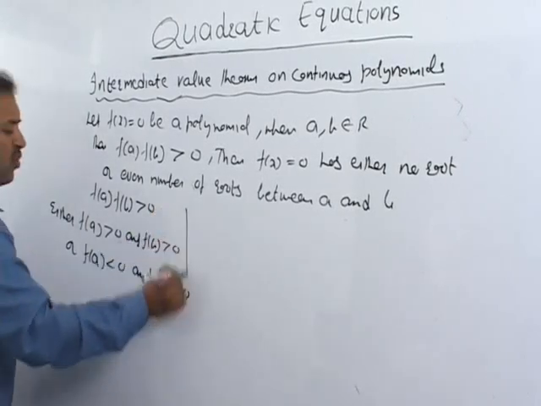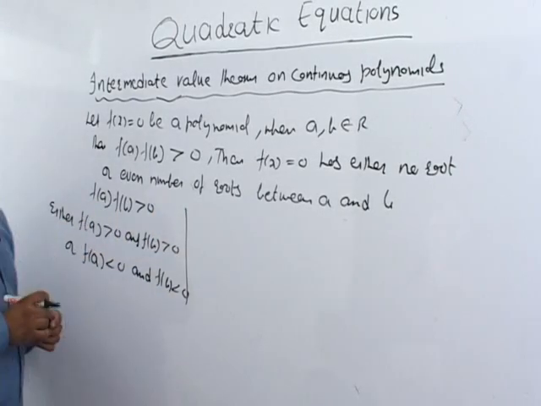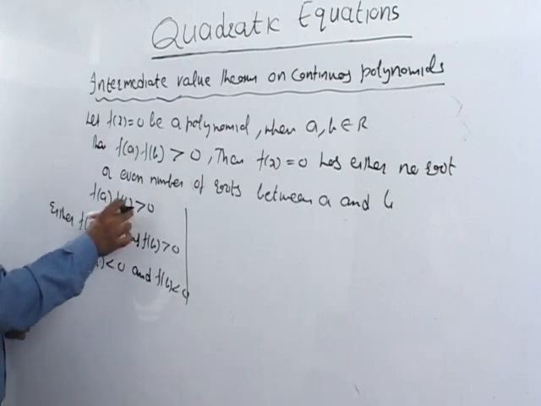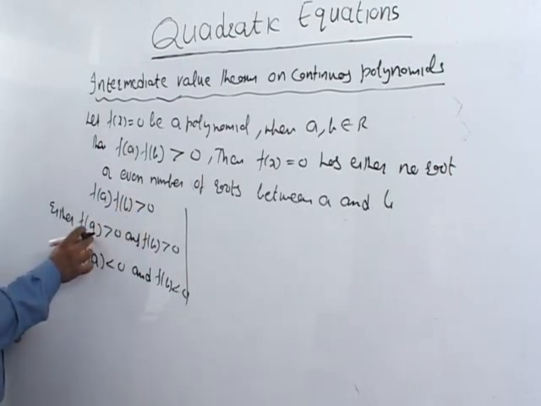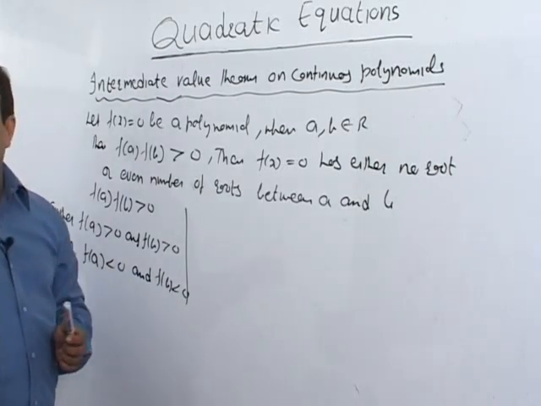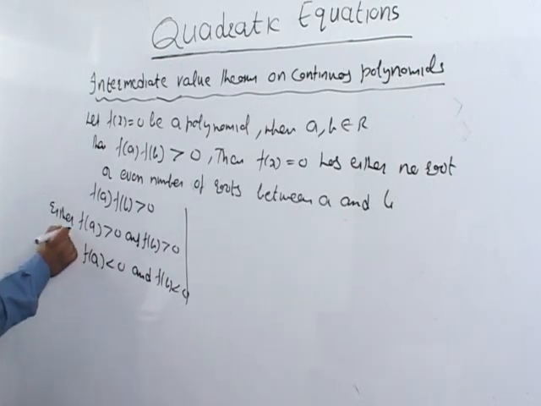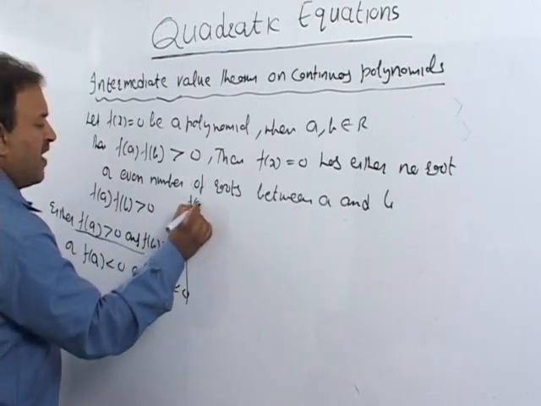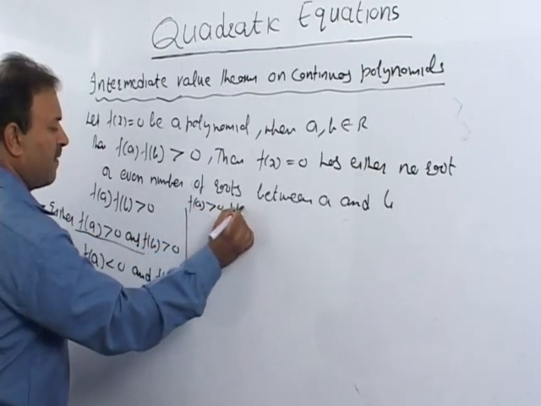So we can take any one case from here. Suppose we take this one case: f(a) greater than 0, f(b) greater than 0.